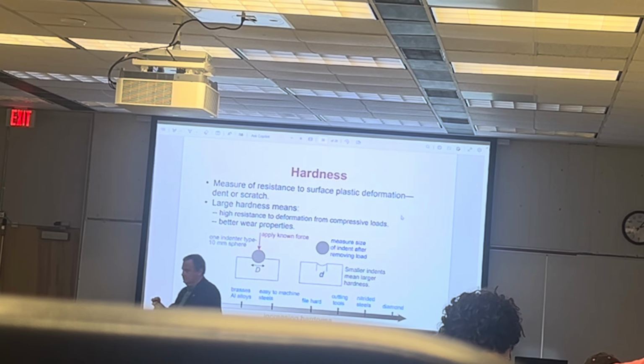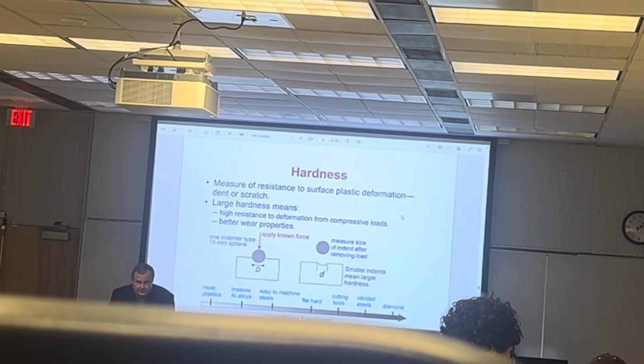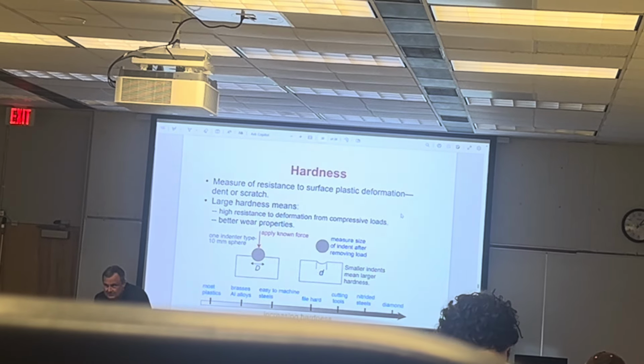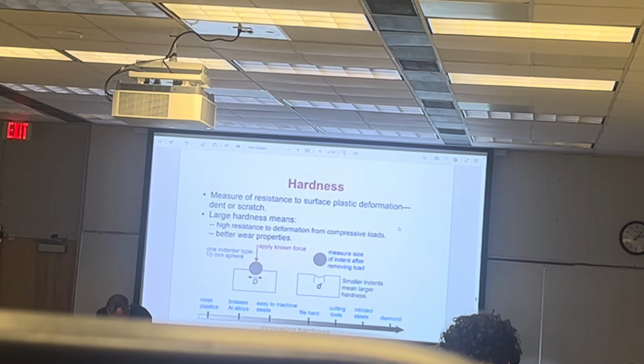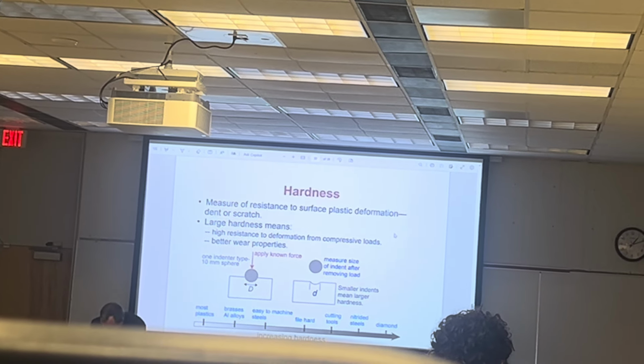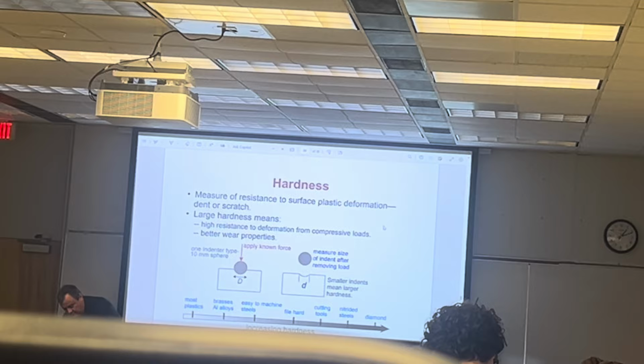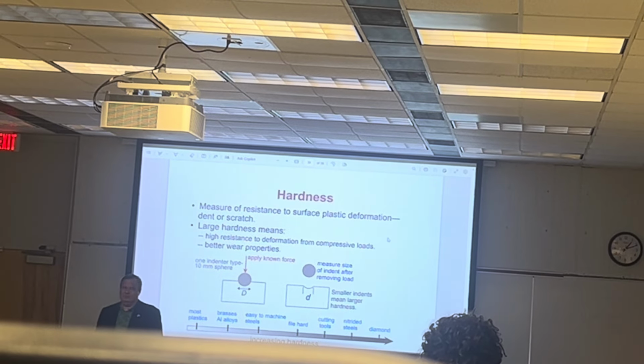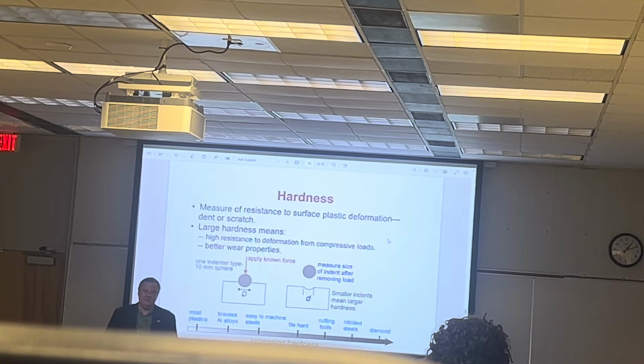I could also take this key and apply a load, load it up with weights, and make an indentation. Permanent deformation. Let me give you a true definition of hardness.